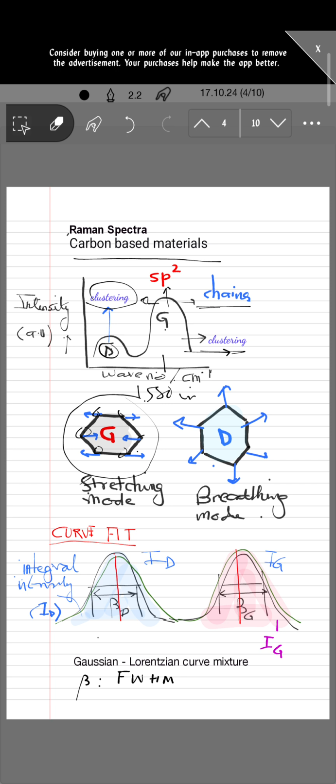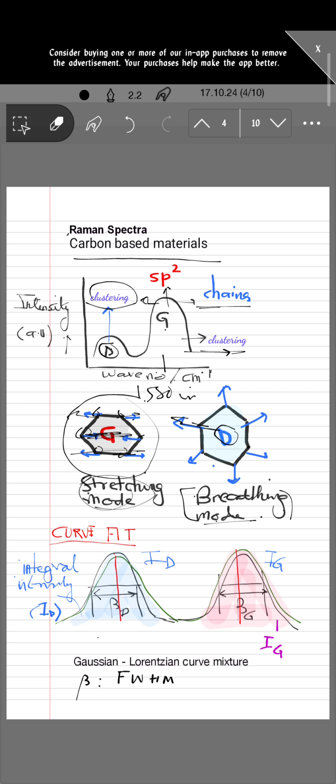Then the stretching, that is, the bonds contract and expand. This is the stretching mode, and this is the reason why we get a G band. Similarly, the D band, the disorder band, is due to the breathing mode, when the bonds go out and in. This leads to formation of the breathing mode, or D band.